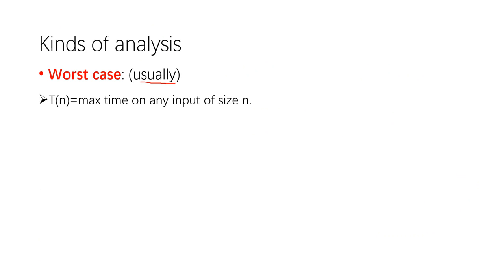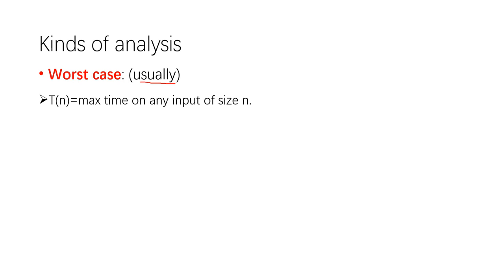So what kinds of analysis do we do? The first is what we call the worst case, and it's usually what we take. Think about why we talk about the worst case: the worst case is actually the upper bound, right? Let's take a look at the definition of the worst case.